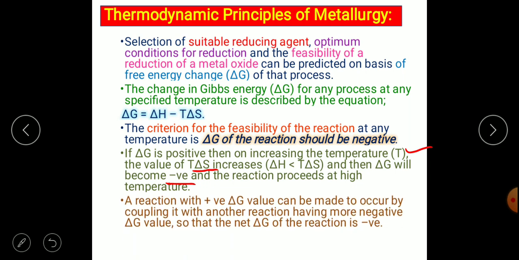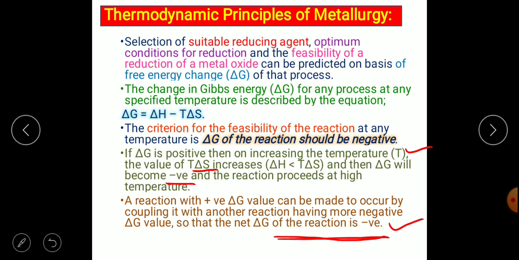A reaction with a positive delta G value can be made to occur by coupling it with another reaction having a more negative delta G value, so that the net delta G of the reaction is negative. So delta G should be negative for the feasibility of the reaction.